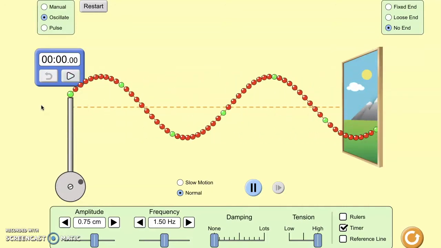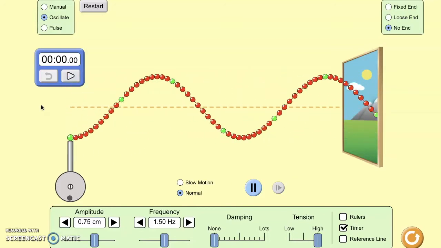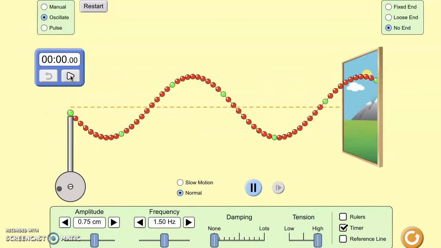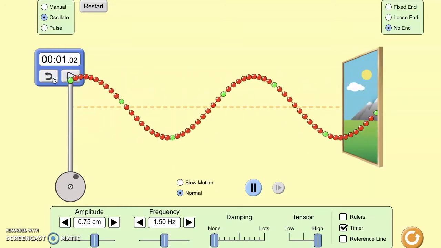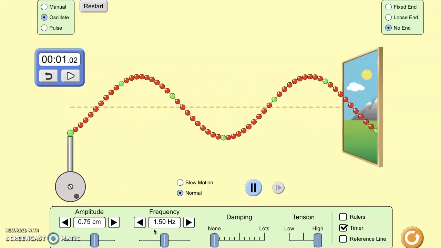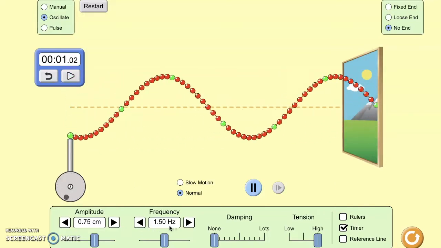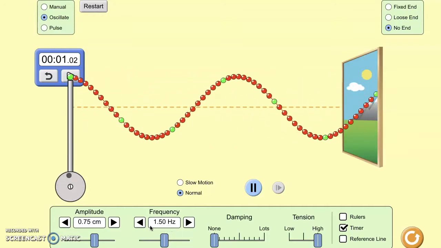The frequency is the number of cycles in 1 second. So if I would be able to time exactly 1 second and then count how many cycles that was, that would give me the frequency. So here we go. Oh, pretty close. Now, I couldn't count how many cycles were happening during that 1 second, but this down here tells me that it's creating 1.5 cycles per second.